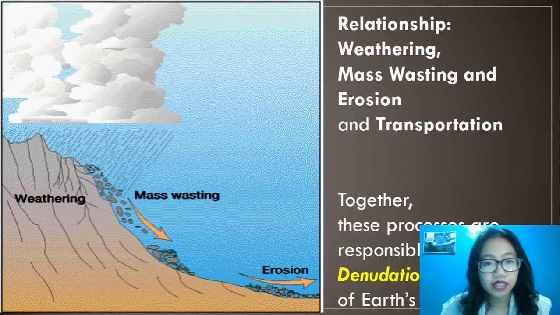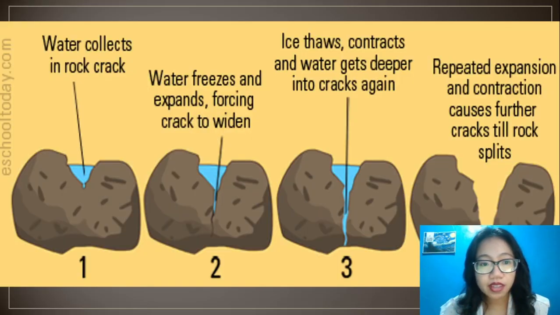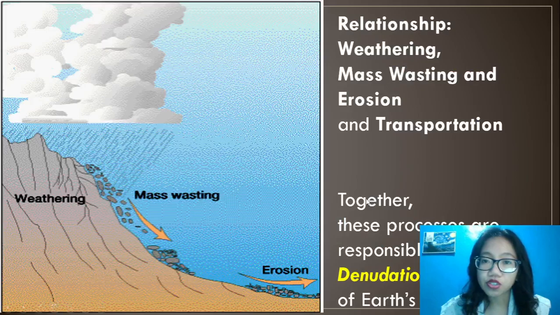So knowing geomorphic agents, or how water is responsible in changing our landscape, would give you answers of how much our world has changed already. Okay, so that's just one example of how water is a geomorphic agent.